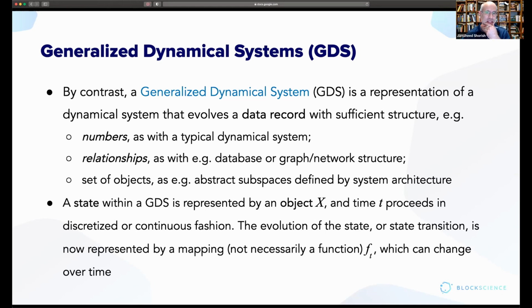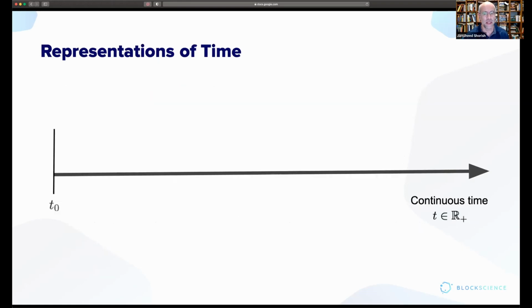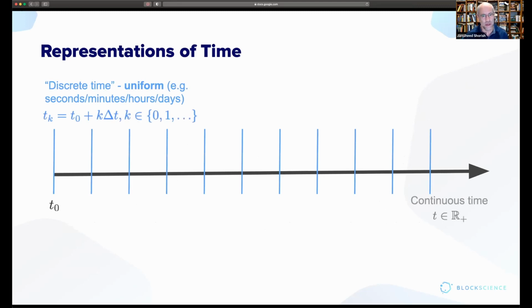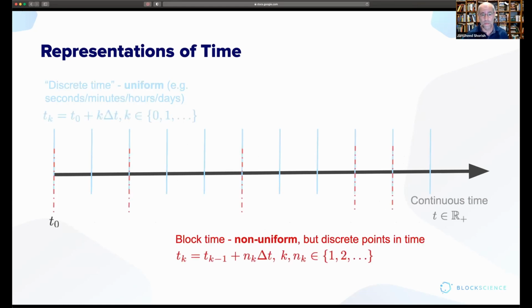So we've got this notion that you can use time as the way of indexing how things are mutating and changing. The nice thing about GDS is that because it's lifting away from a very regimented point of view in terms of how it's spatially represented, it also relaxes the temporal aspect. It can incorporate things that are happening in continuous time, as a differential equation representation would. It can include discrete time, where you have fixed intervals that are uniform.